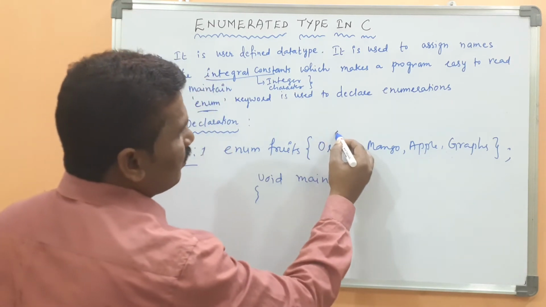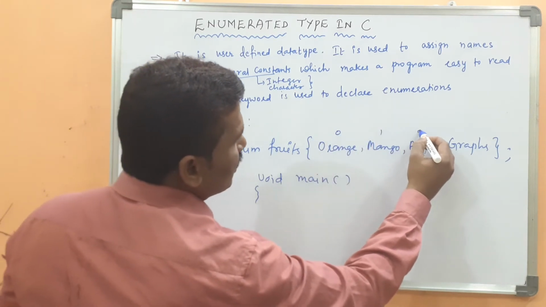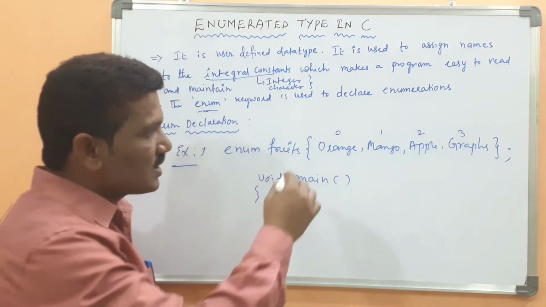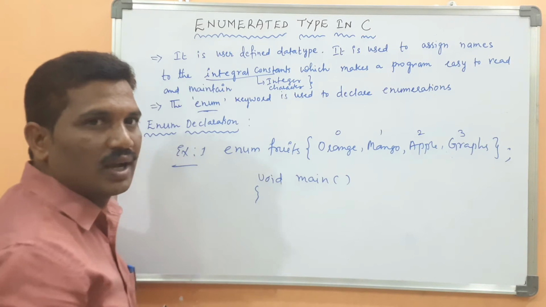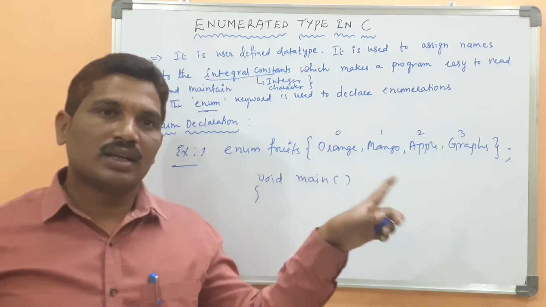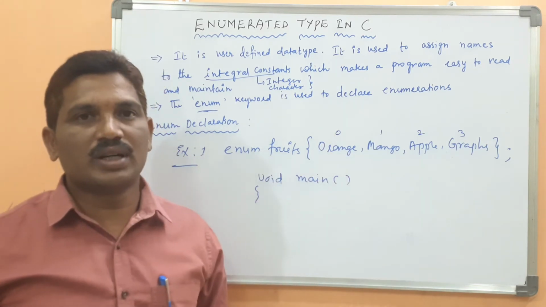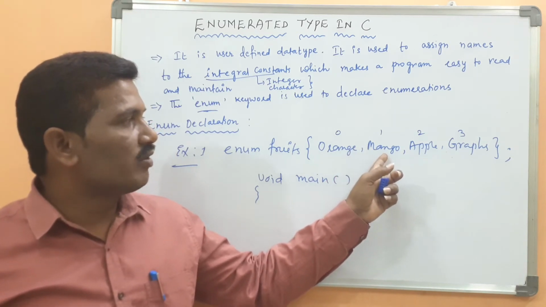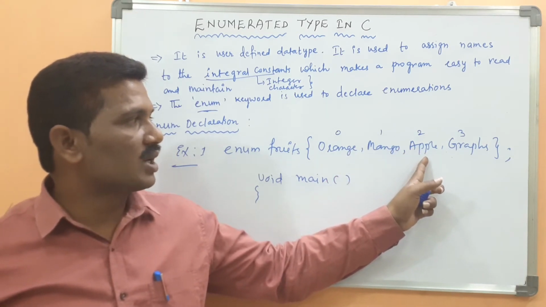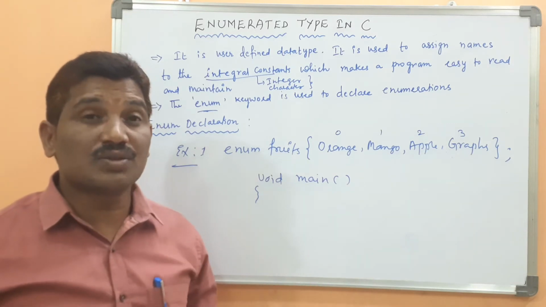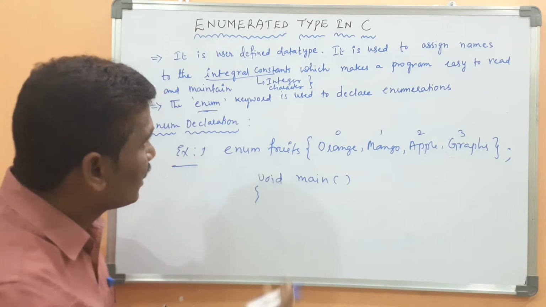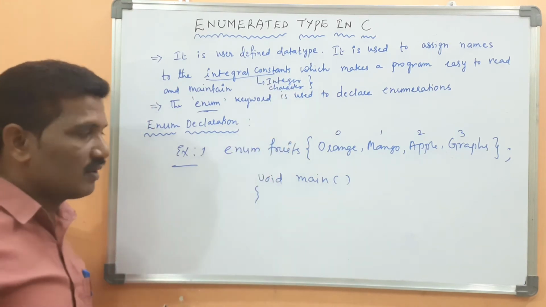This will be 0, this will be 1, this will be 2, this will be 3. The first constant's default value is 0, and after that the value is incremented by 1. Here the orange value becomes 0, the mango value becomes 1, the apple value becomes 2. That's why it supports only integral constants. Then how it supports character constants, I will tell you.